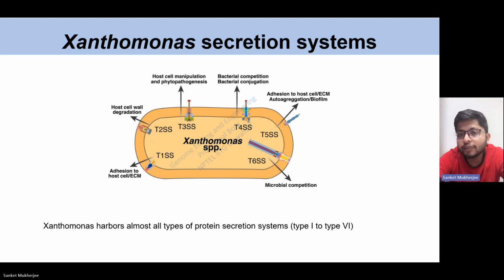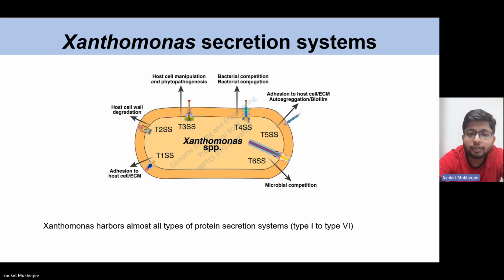This is what we are more concerned with, because this is the type of secretion system involved in the case of transcription activator-like effector molecules. The type 4 secretion system is important for combating bacterial competition and conjugation.